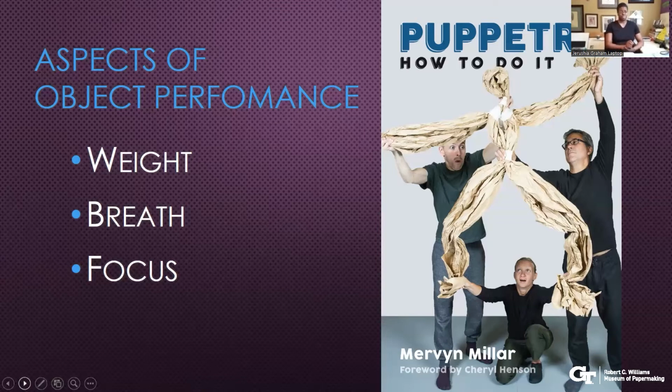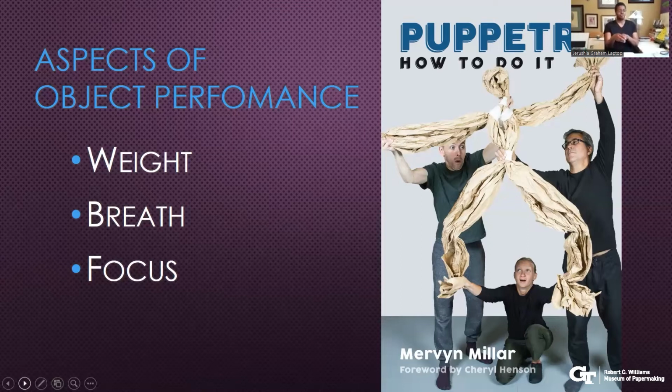And then focus. Just like with the principle of staging for animation, we want to be mindful of guiding the audience's focus. So as the puppeteer of the object, your focus should be locked onto the object that you're moving around.